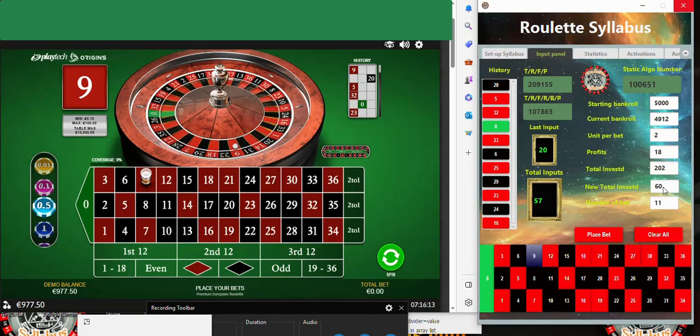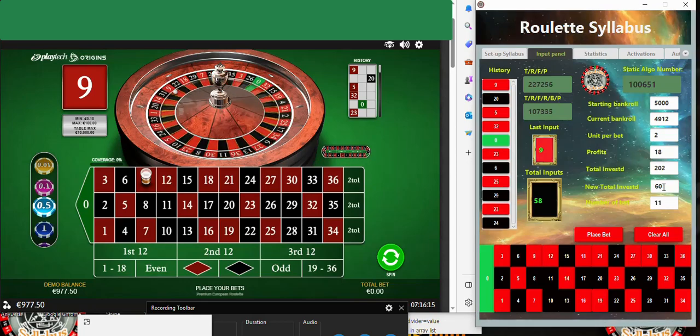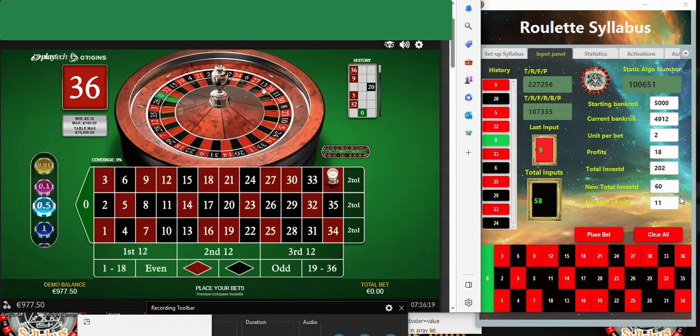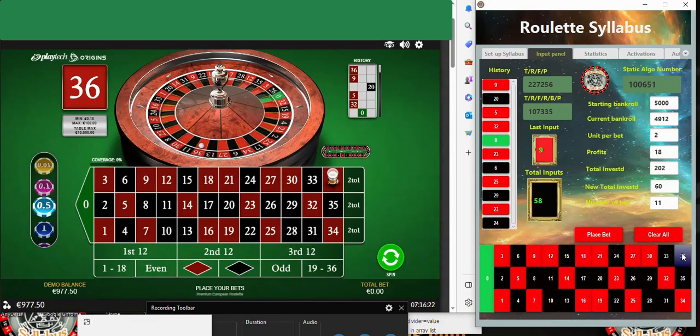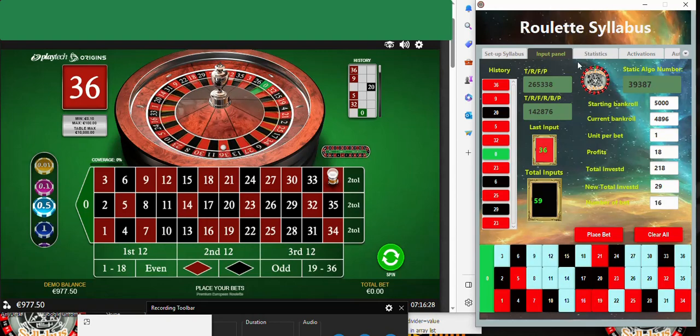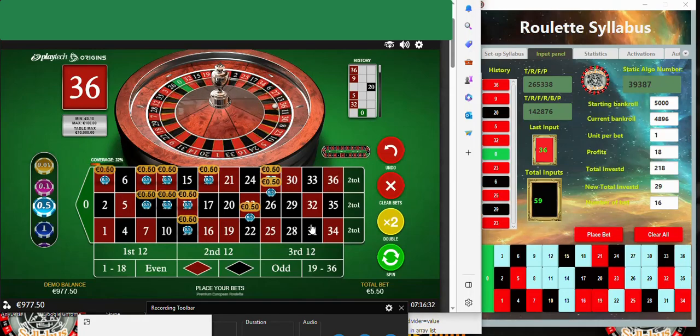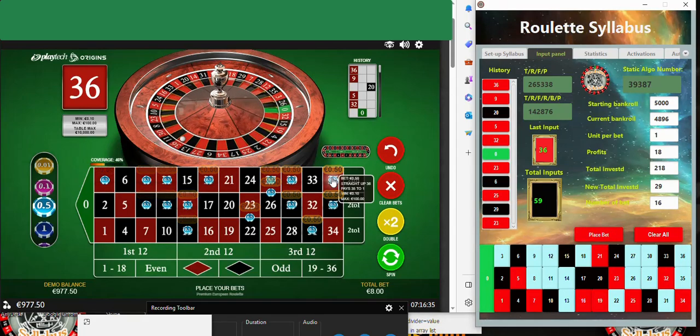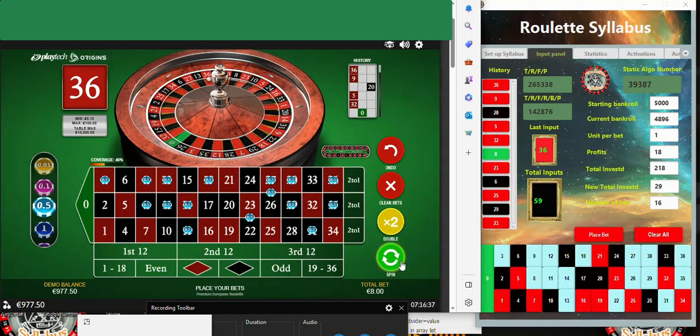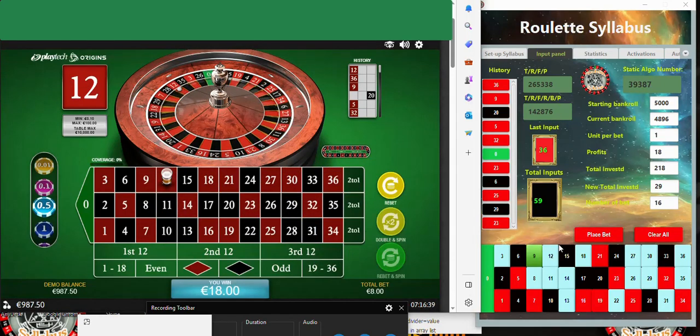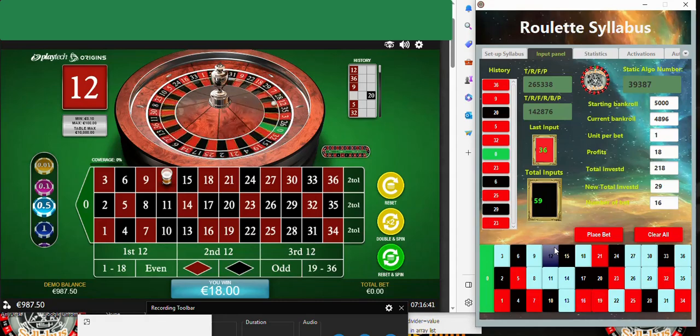I repeat, what I'm trying to explain is that when you are in recovery mode, the new total invested amount should always be divided by a number, which the result of that is going to be less than 15. Right? And when it's less than 15, then you put that number into the divider logic before the next prediction comes. And you keep on playing.